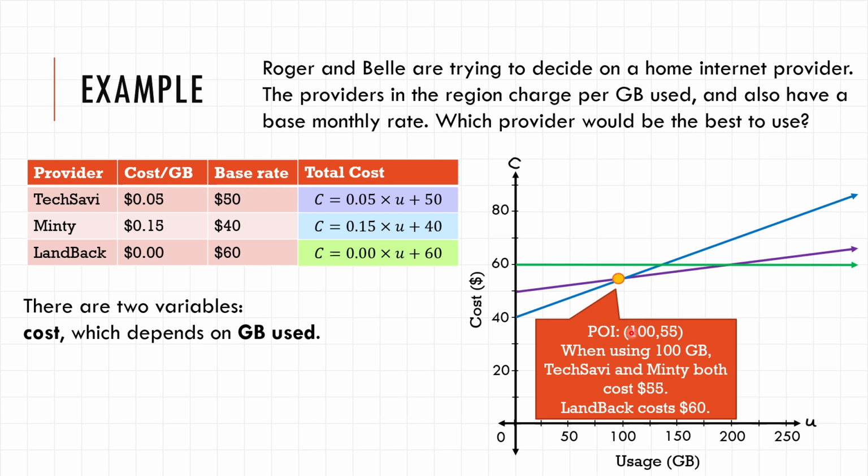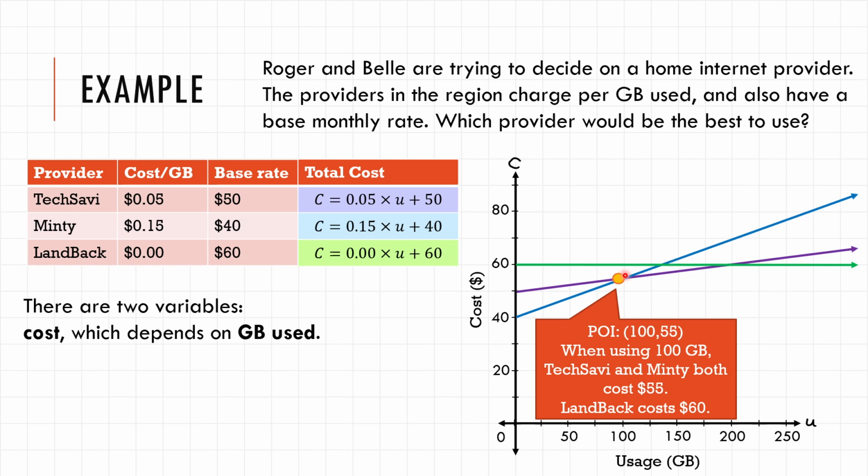In other words, when the usage is 100 gigabytes, these two lines, the purple and the blue line, both have the same y value, the same c value of 55. So when you have used 100 gigabytes, Tech Savvy and Minty both cost $55. Landback is still up here at 60.